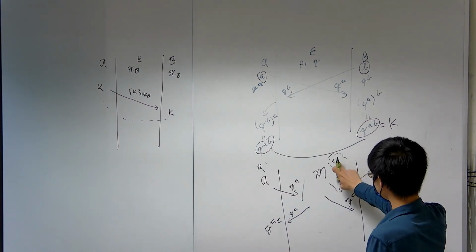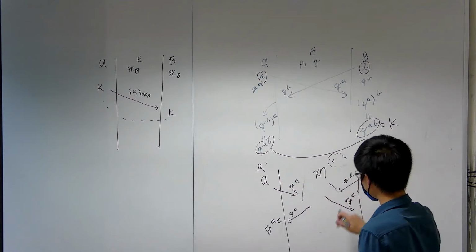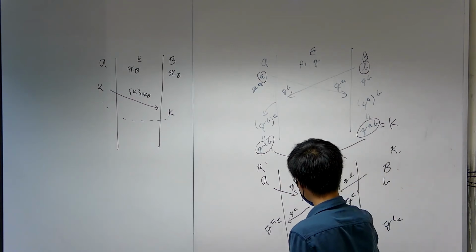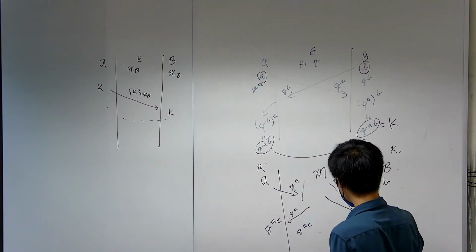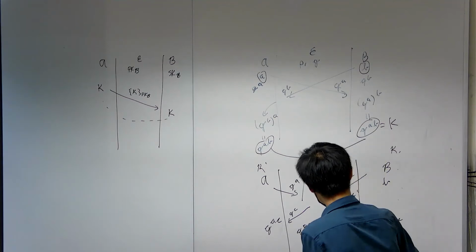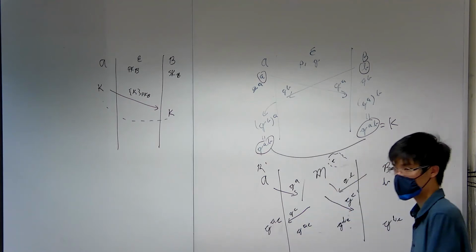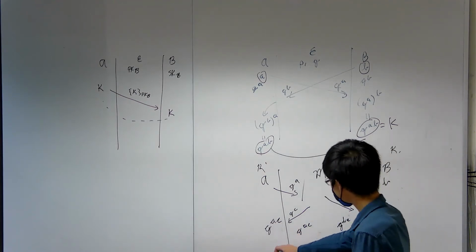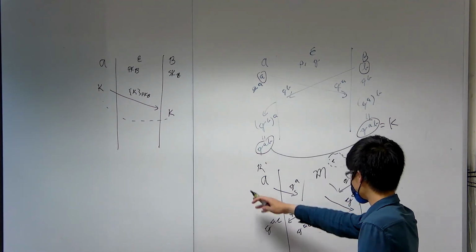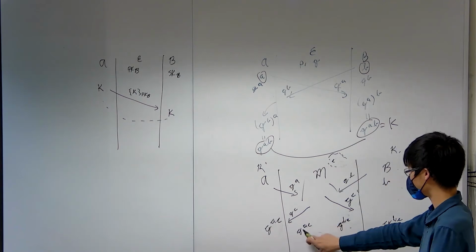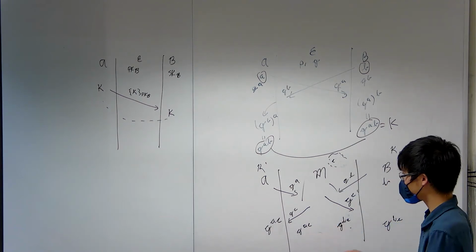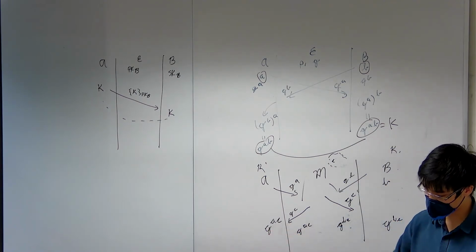Mallory knows C. She knows G to the A and G to the B. She can derive G to the AC with her knowledge, and G to the BC as well. So now when Alice sends hello world to Bob, encrypted under G to the AC, Mallory says, okay, that's a nice message you got there.